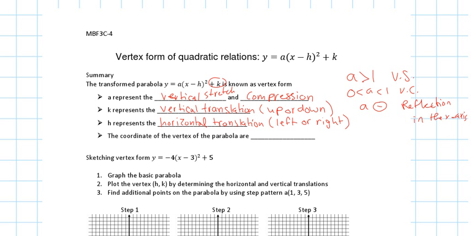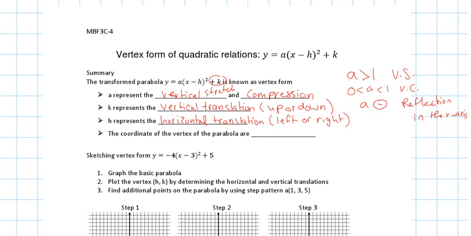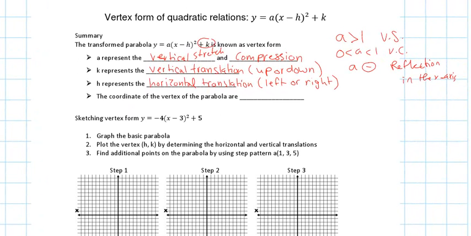If it's negative, that means it moves to the right. If it's positive, it moves to the left. And then the units of the vertex are taken by H and K. So H and K are the coordinates of the vertex. So they're easy to find. In vertex form, the easiest thing to find is your vertex.